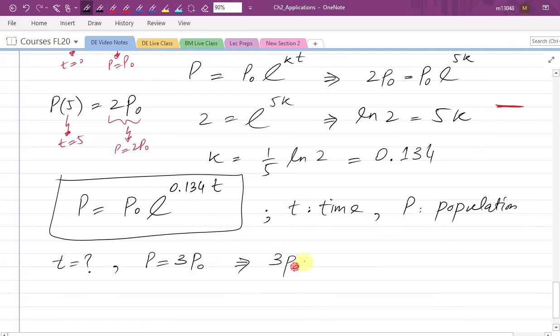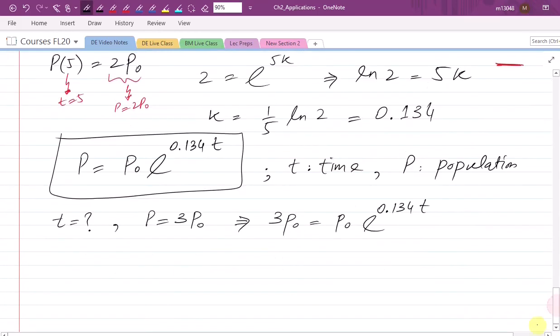So we write 3P0 equals P0 e power 0.134t. And that means 3 equals e raised to the power 0.134t. Again, using the same trick, take log on both sides to cancel e power 0.134t.